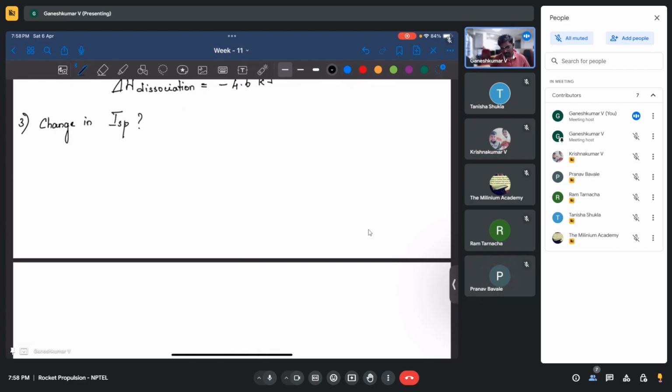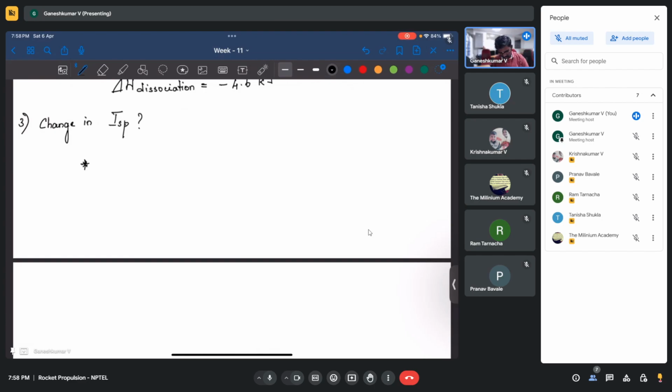But how do we add the contribution of N2 and H2? I'm trying to understand your answer in terms of some physical concepts. There is going to be some change in ISP. My question is, during dissociation, what is happening which is affecting the change in ISP?